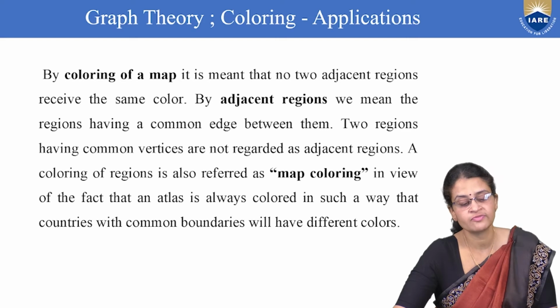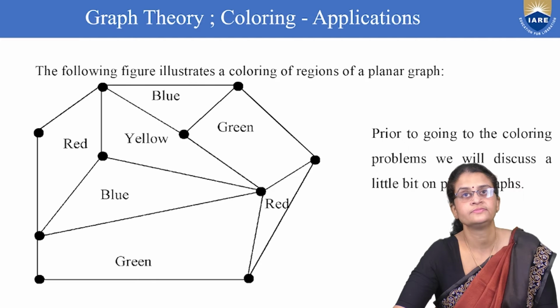By adjacent regions, we mean regions having a common edge between them. Two regions having a common vertex are not regarded as adjacent regions. Coloring of regions is also referred to as map coloring, in view of the fact that in an atlas, countries with common boundaries are always colored with different colors.